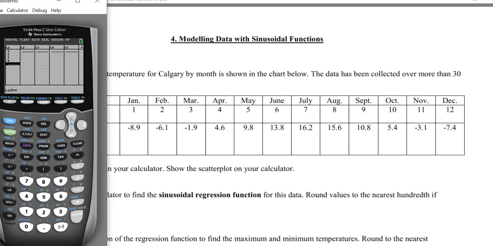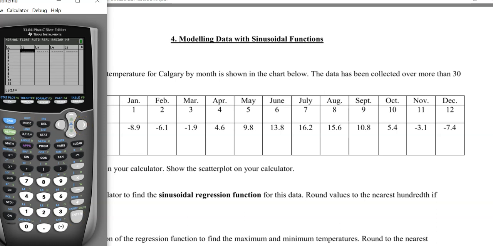Okay, so the temperature in November was negative 3.1 degrees. So 5, 6, 7, 8, 9, October, 10, 11 for November, 12. When you're done all those, just right arrow to get into L2.